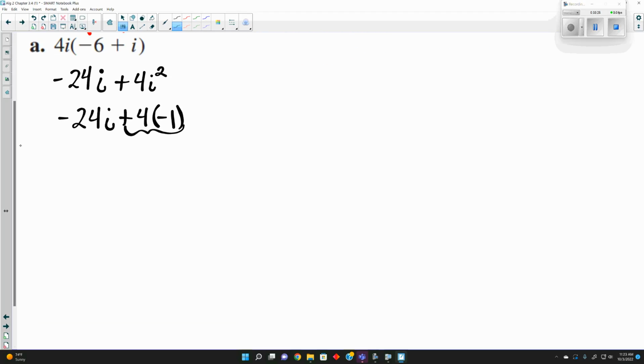And 4 times negative 1 is going to be minus 4. We'll want to keep the real term, the number without i, first, and put the number with i second. And we get this here. Questions with any of this so far? We ready for the next one?